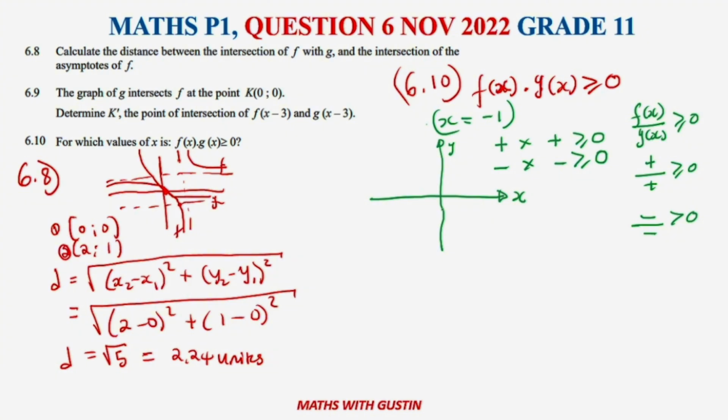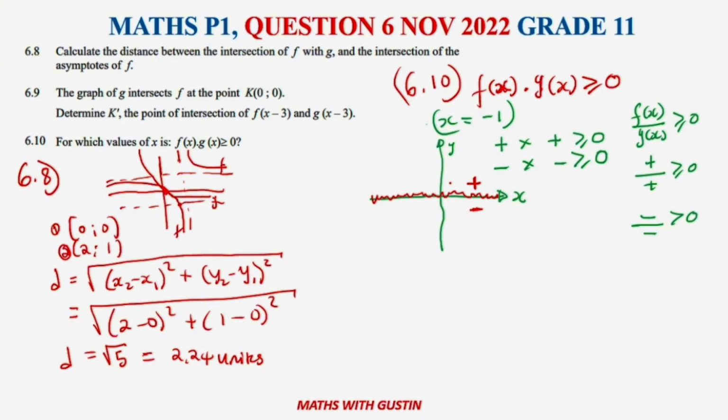Anything in your sketch that is below the x-axis is negative, and anything above is positive. So whichever function is below the x-axis, we consider as negative. It's like a boundary between negative and positive.